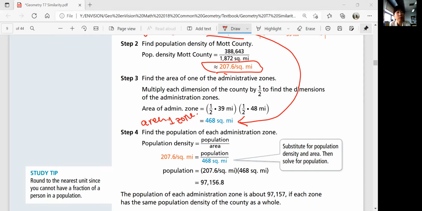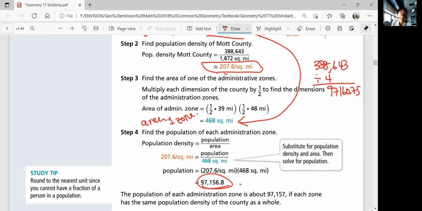Okay. And that's actually accurate. How do you check? Because if you divide the whole population, 388,643 by 4, you get 97,160.75.